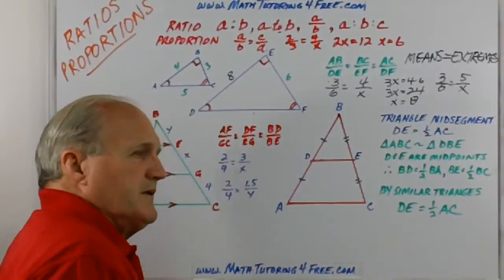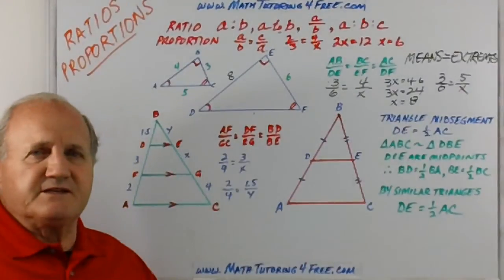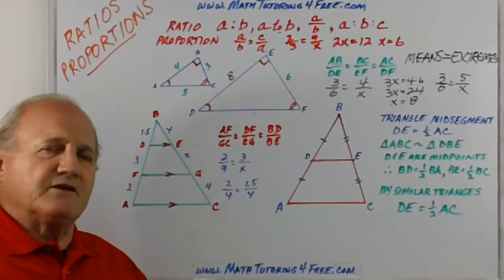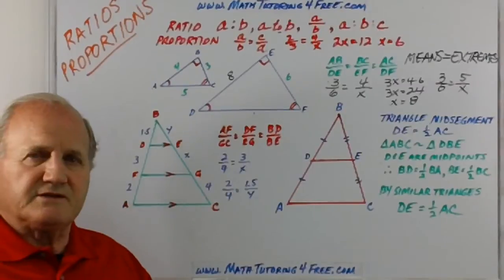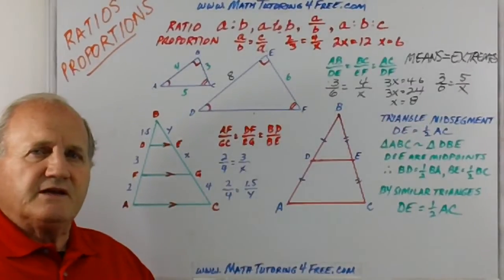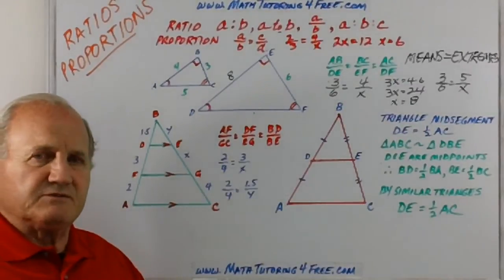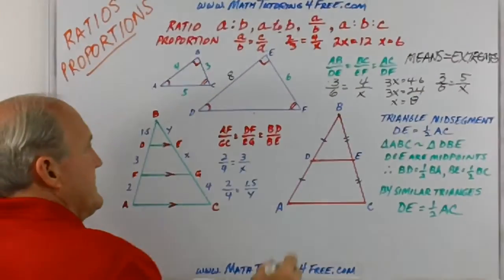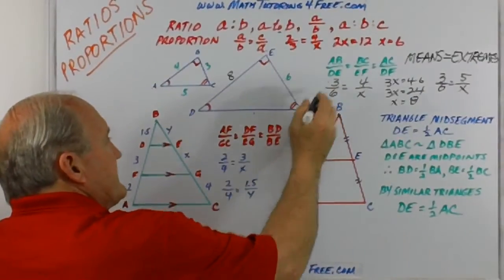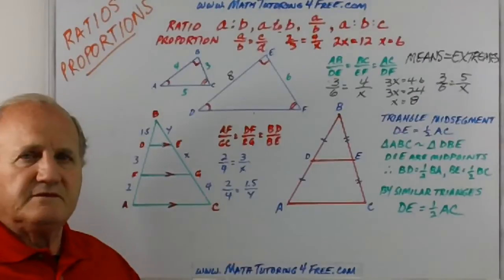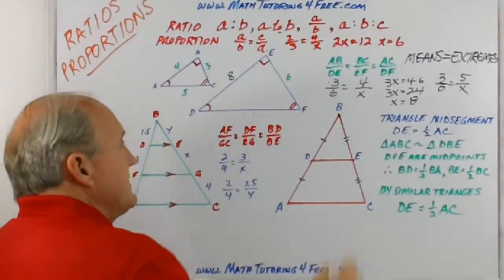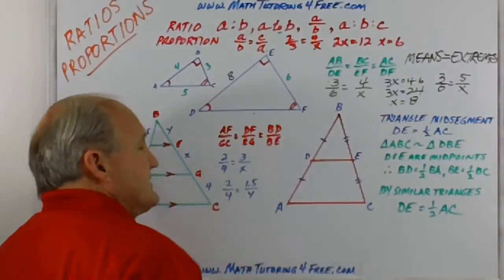Solve that. Now, what I'd really like to see you do is, instead of going through all that cross multiplication and so forth, hopefully your mental capacities will say, oh, wait a minute, look at this. The denominator is twice as big as the numerator. Then this denominator has to be twice as big as the numerator.